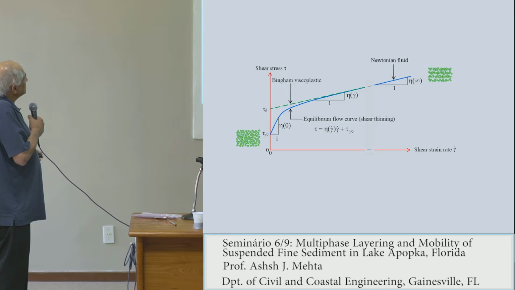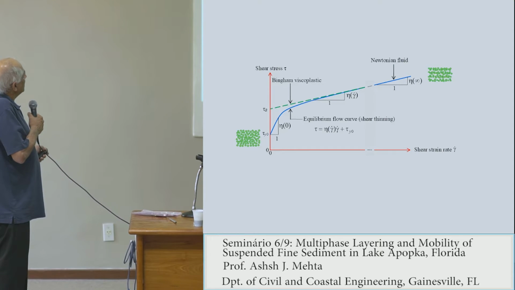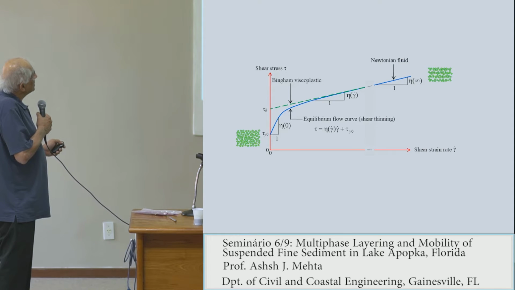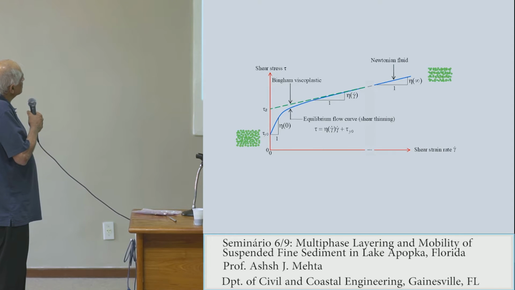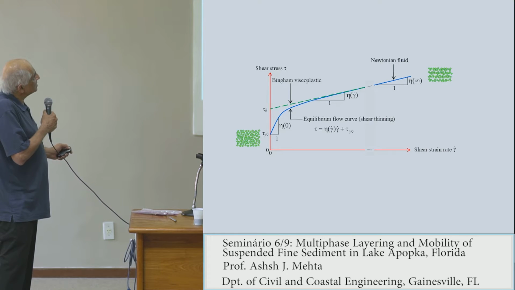It changes the structure of the mud, and below this tau y naught, as we mentioned, it doesn't move. Above tau y naught, it becomes a fluid, and then eventually it becomes a Newtonian fluid. So the structure of the system changes from something like this to something more organized here.